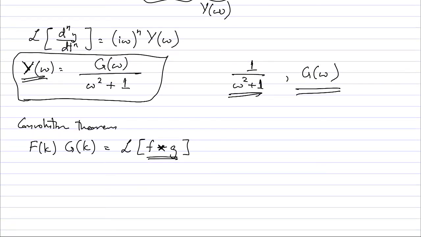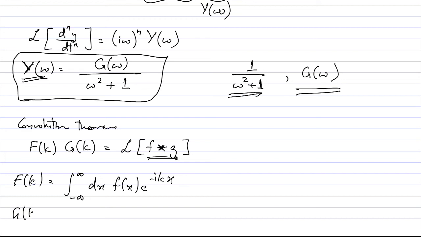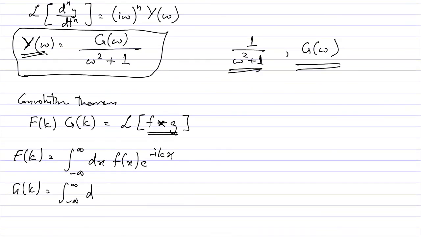It's very easy to prove this. So capital F of k by definition is the integral from minus infinity to infinity of dx f of x e to the minus i k x. G of k by definition is, I'll use some other symbol over here, y.